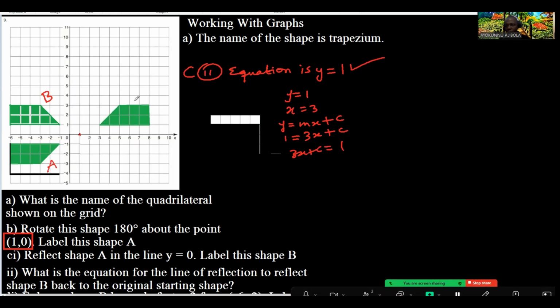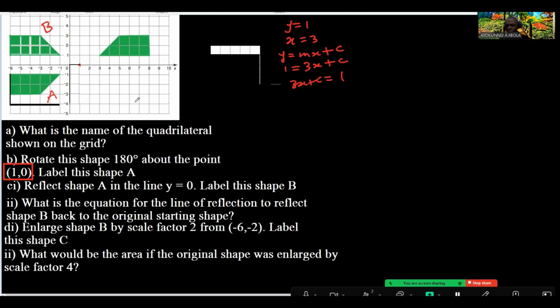Okay, we're going to round up now. Let's see. Enlarge shape B by scale factor 2 from -6 to -2.